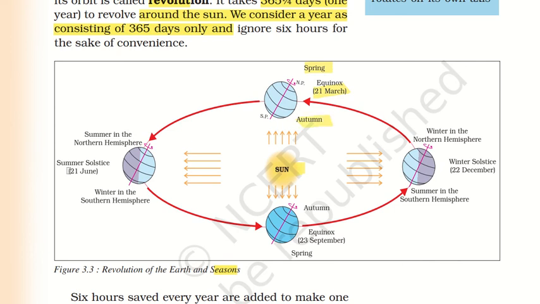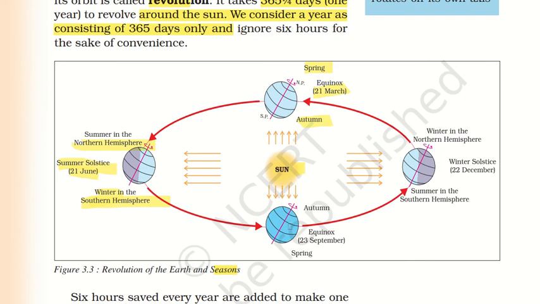And next we can see 21st June, when the sun is overhead on the Tropic of Cancer, and it is summer in the northern hemisphere and winter in the southern hemisphere. This is also called the summer solstice.